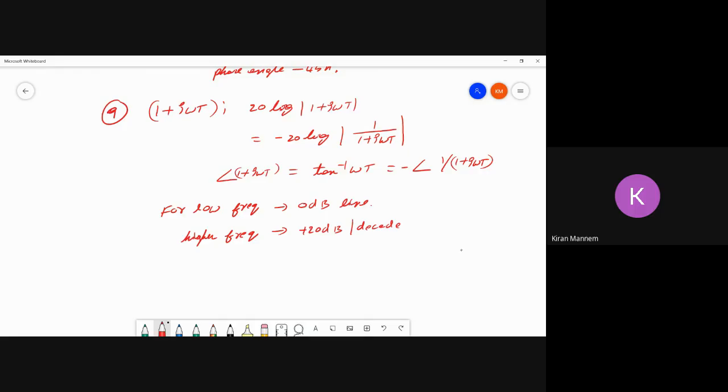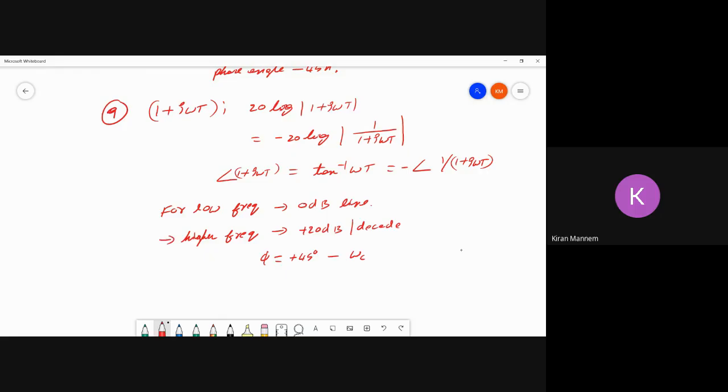So that is 1 by t. Obviously, the phase angle would be plus 45 degrees at the corner frequency, at omega c.